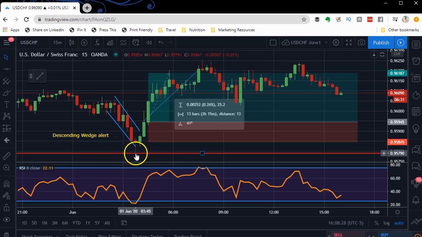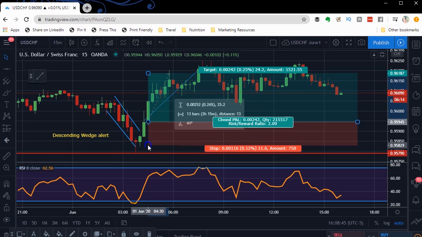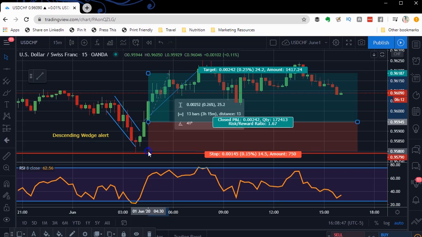And then your second deciding factor, or guide per se, for your protective stop loss is the lowest low. And so I've put a horizontal line at that point at the lowest low. So then that would have extended, if you wanted to go more than the 10 pip protective stop loss, you to a stop loss of 14.5 pips.